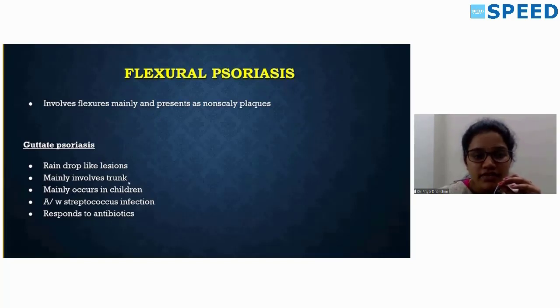Mainly over the trunk, it is associated with streptococcal infection and occurs mainly in children. So we have to give a course of antibiotics first before starting any definitive therapy for psoriasis, because the lesions will clear out with antibiotics only. The patient need not have any further psoriasis-specific treatment.